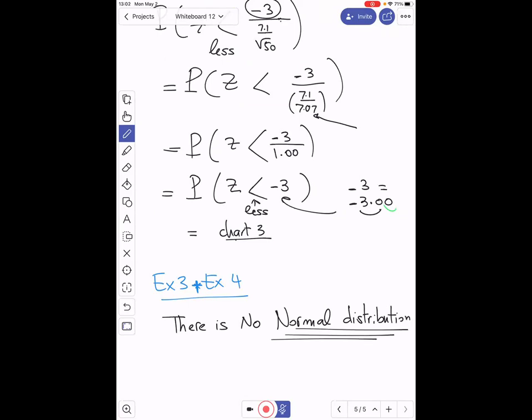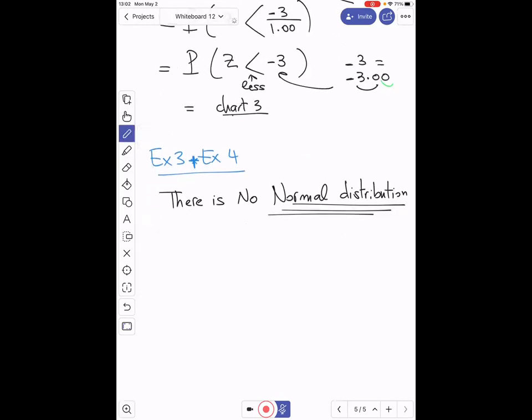So if you don't have a normal distribution, the other main distribution that we discussed is the binomial distribution. So if there is no normal distribution, then we are probably talking about binomial distribution.